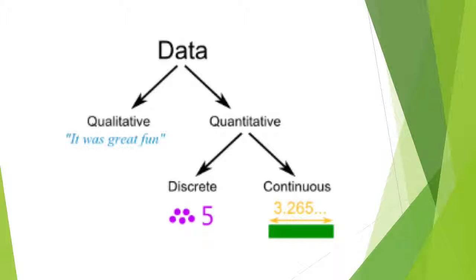In terms of quantitative data, as I mentioned earlier, we have discrete and continuous forms of data. Data that is discrete is pretty much things like whole numbers. Discrete data cannot be put into a decimal. It's not a fraction. It's a whole number. So things like individual numbers, number 5, number 6, number 7 are discrete.